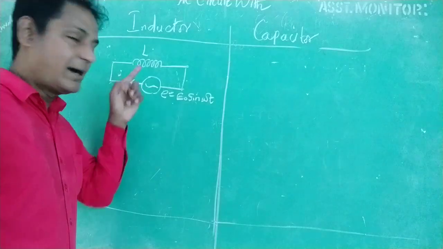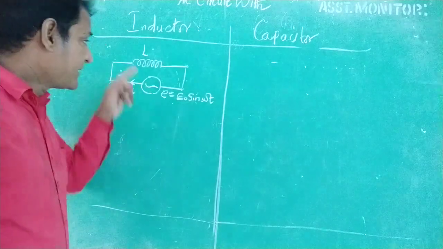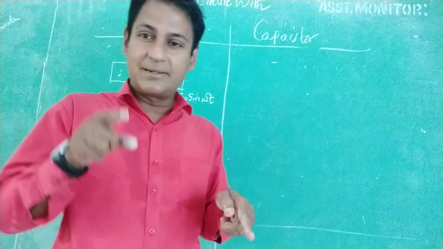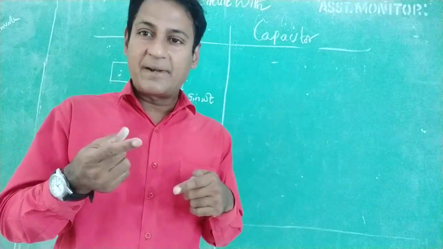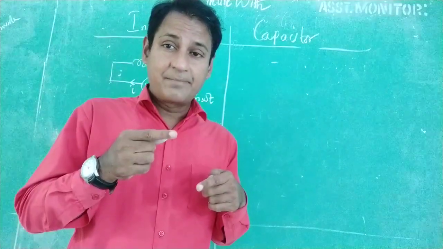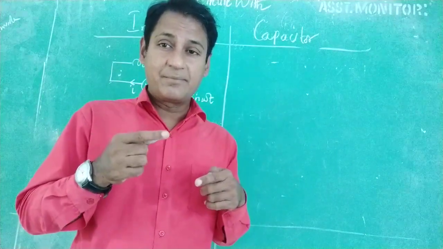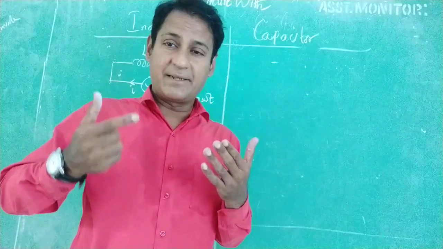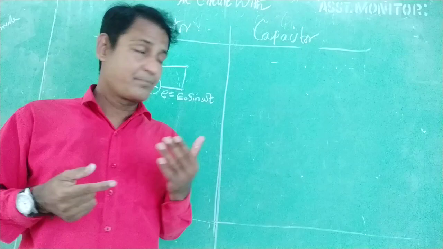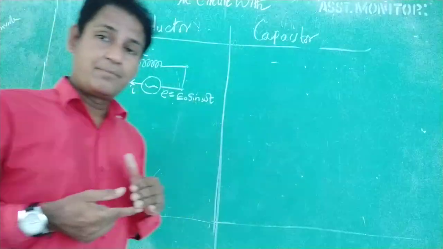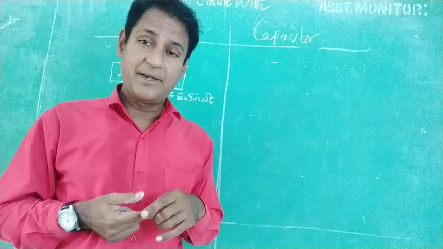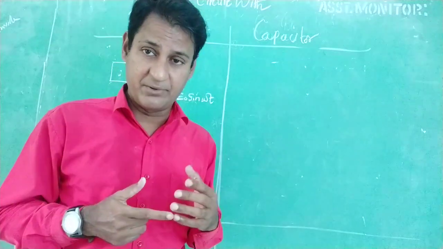Whenever a current I passes through an inductor coil, in each turn a flux will be produced, and this flux produced in each turn will keep on increasing. This change in flux in each turn will produce an induced EMF, due to which an induced current is produced.